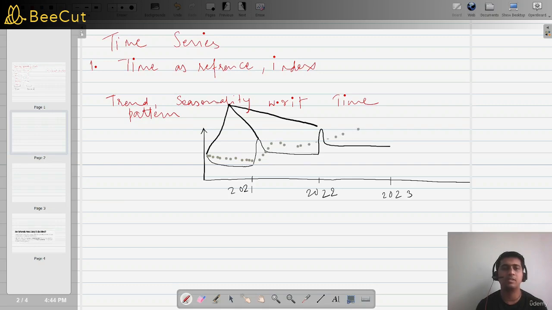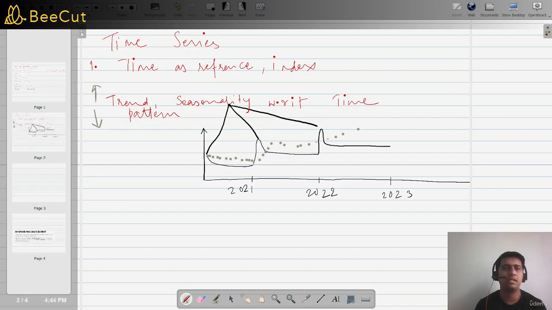A trend is basically the direction in which the data is going; it can be either upward or downward. So within a year we see a downward trend, but if you take 2 years of data, it's an upward trend. So this is basically time series data.